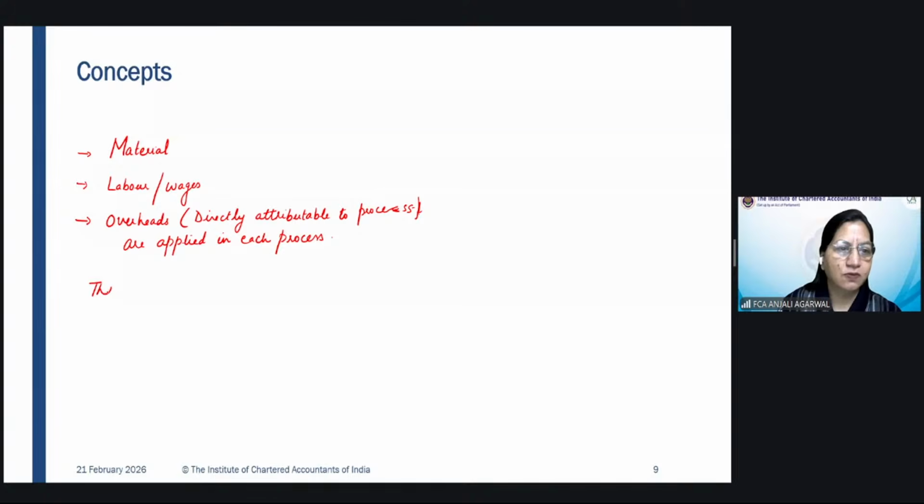There can also be some indirect overheads, meaning they are common to more than two processes.